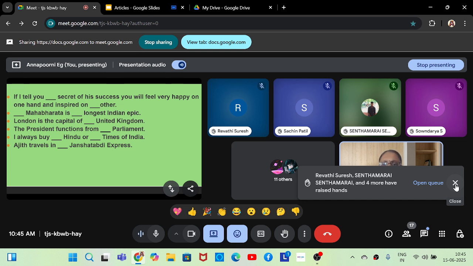Sai, you can try. I always buy dash Hindu or dash Times of India. I always buy the Hindu or the Times of India. Very good. Why are we using the with the Hindu and Times of India? Both are unique news.